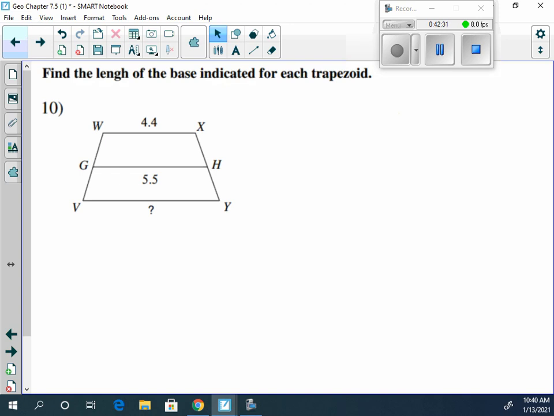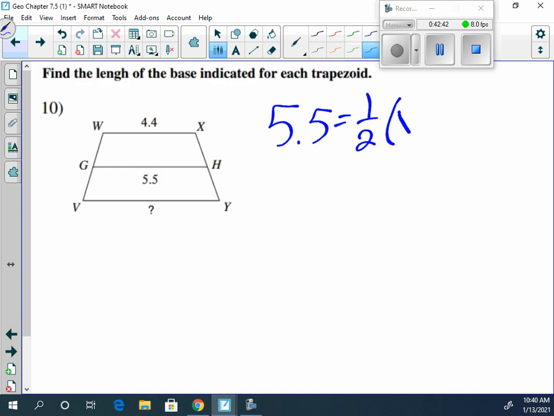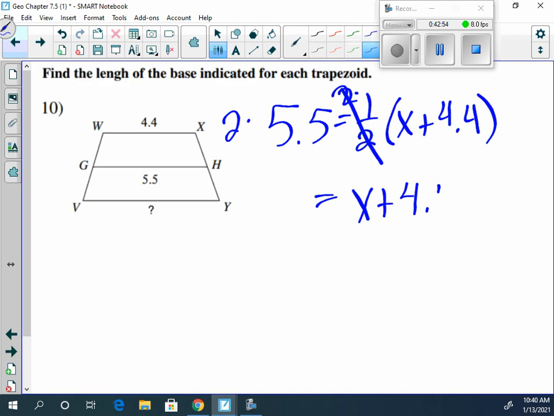All right, we're going to end there, mainly because we're going to run out of time. If you want, this here would be 5.5 is equal to 1/2 of x plus 4.4. I'm just going to run through this real quick. We would multiply both sides by 2, because these will cancel, giving me x plus 8.8 is equal to 5.5 times 2, which is 11.